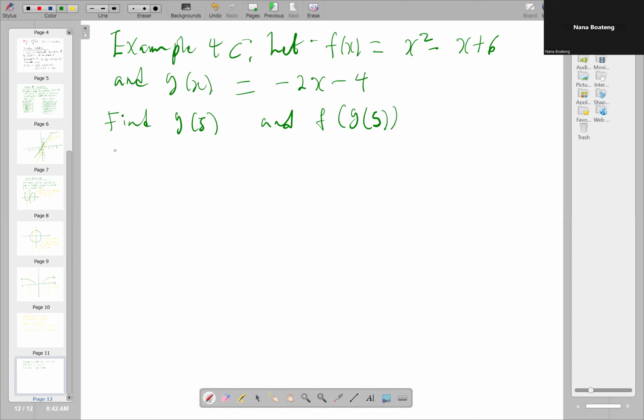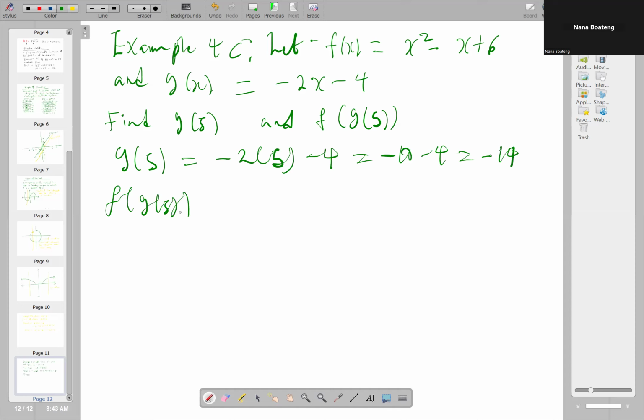So g of 5 means wherever in the function g, we replace x with 5. So it's equal to negative 2 times 5 minus 4. Negative 2 times 5 is negative 10, minus 4 gives us negative 14. Now we have to find f of g of 5. We've already found g of 5, which is equal to negative 14.